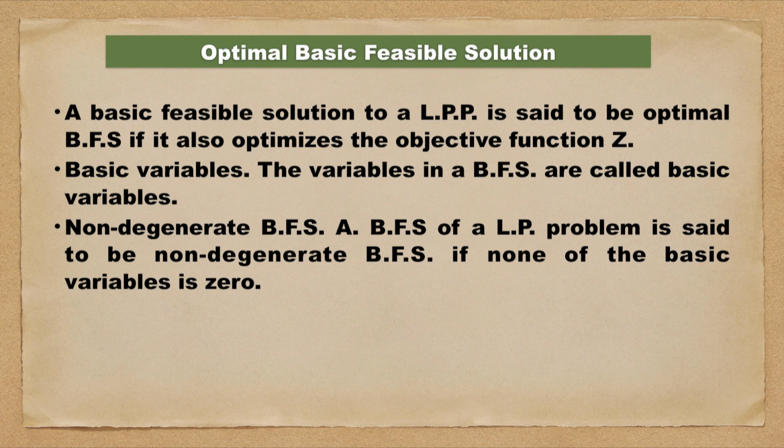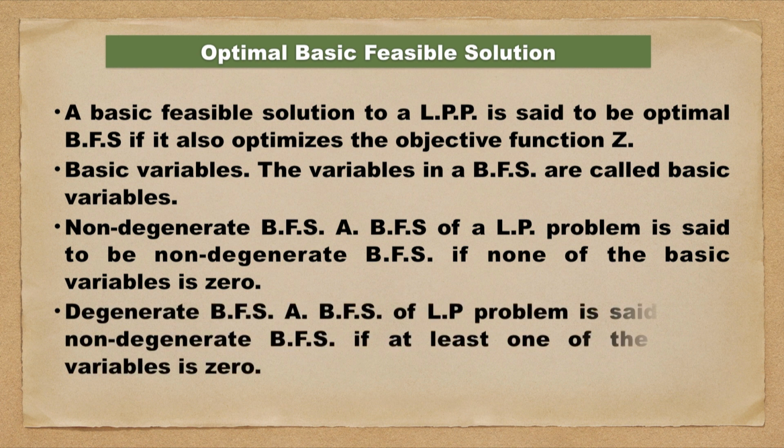A basic feasible solution of an LPP is said to be non-degenerate if none of the basic variables is 0, and it is called a degenerate basic feasible solution if at least one of the basic variables is 0. When we have a degenerate basic feasible solution, it creates the problem of degeneracy. So, we will discuss it in a later video.